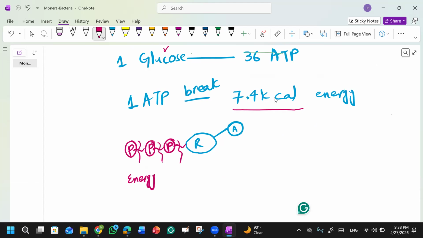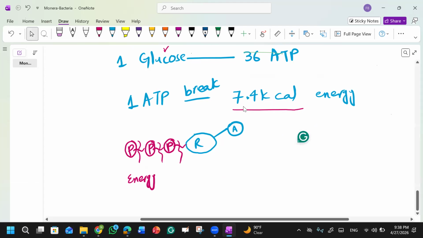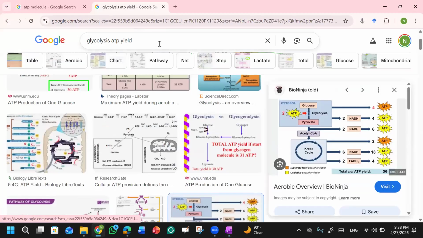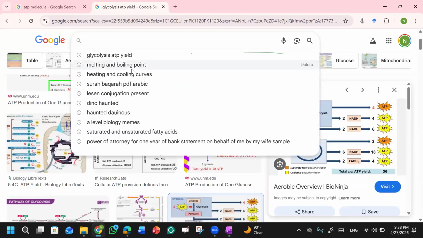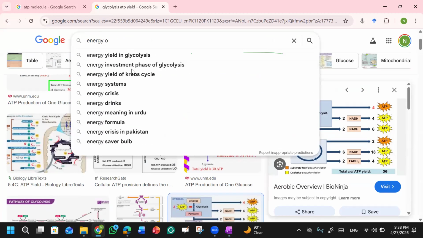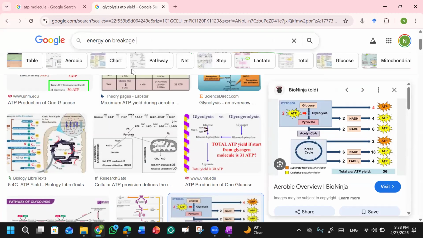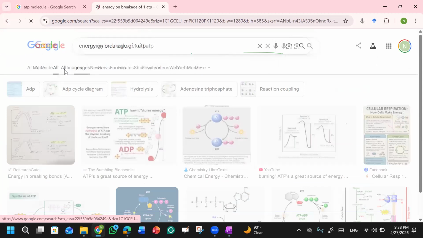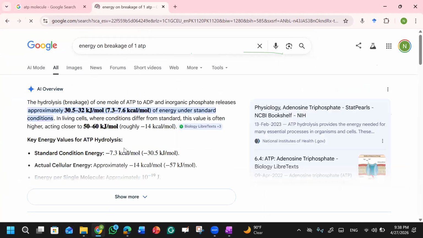Let me confirm this: 7.4 kilocalories of energy on breakage of one ATP.